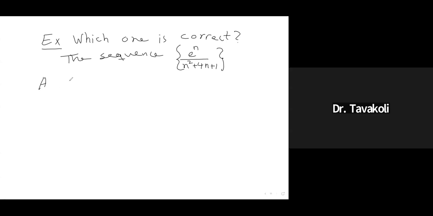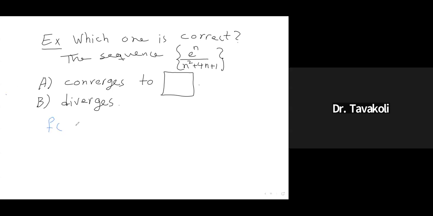A, it converges to a finite number, and that finite number should be typed in this box, or B, it simply diverges. So to use the theorem that relates a sequence to a continuous function, which function do you consider for this example?